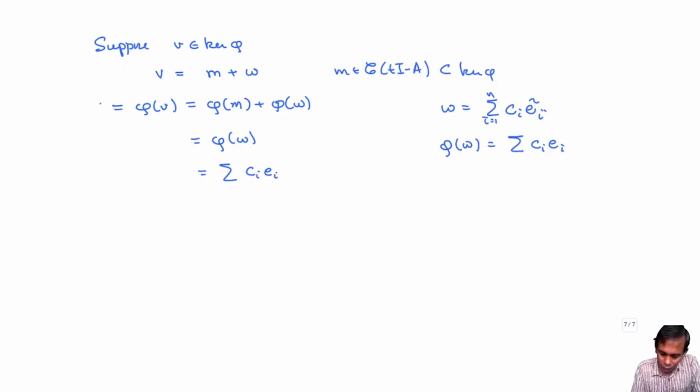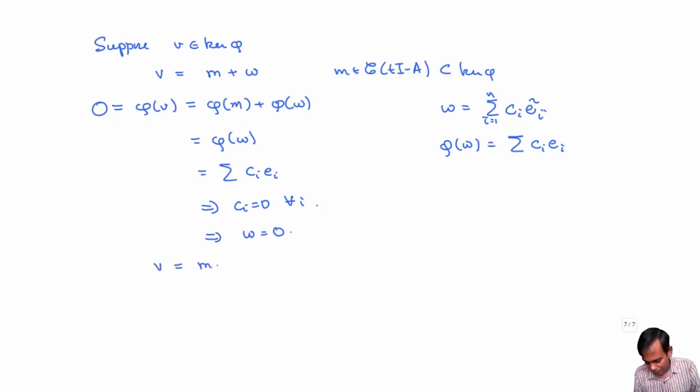So if v is in the kernel of phi, then phi of v is 0. This implies that c_i equals 0 for all i, which means that w itself is 0. Therefore, v is equal to m plus 0, and m is in the column space of tI minus A, which means that v itself lies in the column space of tI minus A.